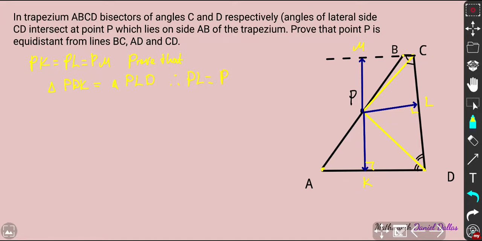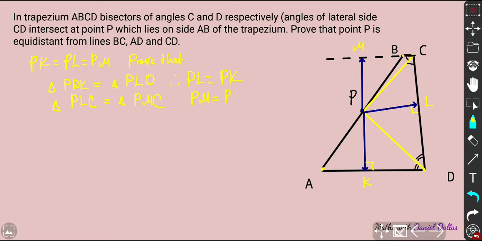So we've done that, and right now let's consider another two triangles, which are PLC and PMC. Those two triangles are also the same because in this case PC is a bisector of angle C. So PM is going to be the same as PL.